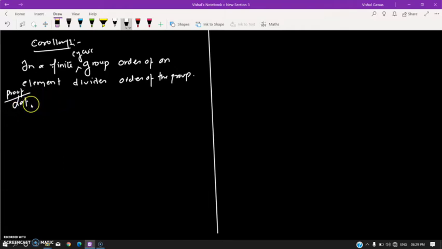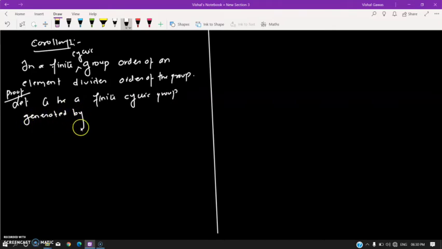Well, it is nothing to prove actually, but then let's look at this. Let G be a finite cyclic group generated by a.